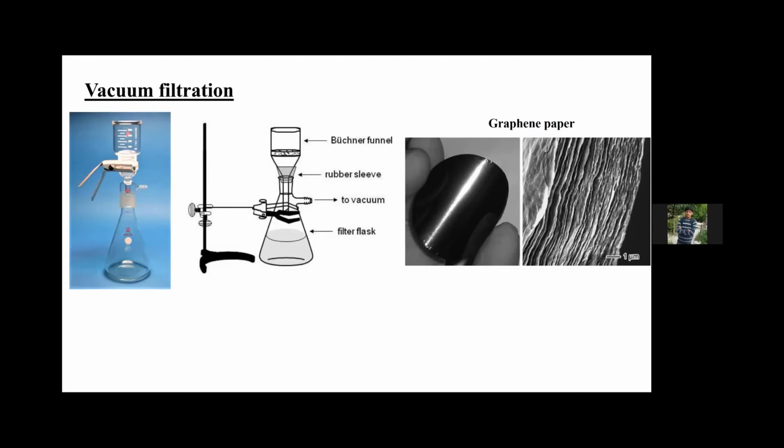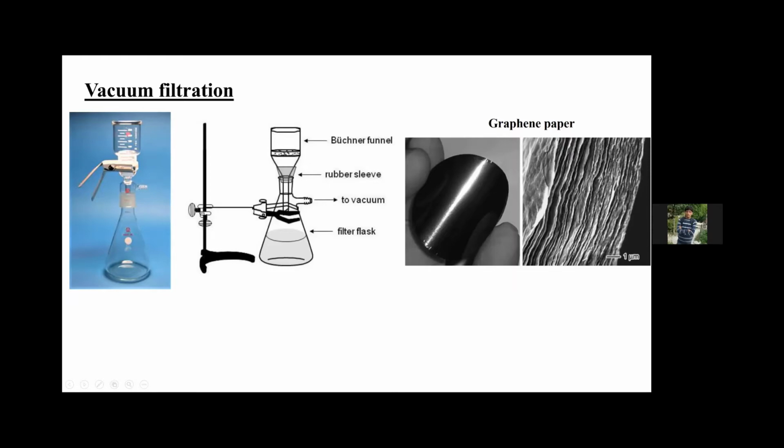Here, this is called the funnel or the Buchner funnel, and here we generally use a rubber sleeve so that it can be well tightened to the flask. This flask is a round bottom flask, and one port is empty, and we can connect here a vacuum instrument or vacuum machine. And here we use a filter paper.